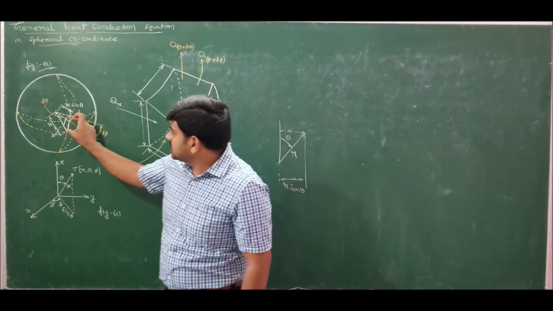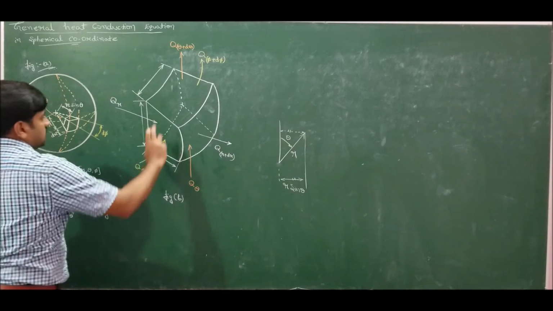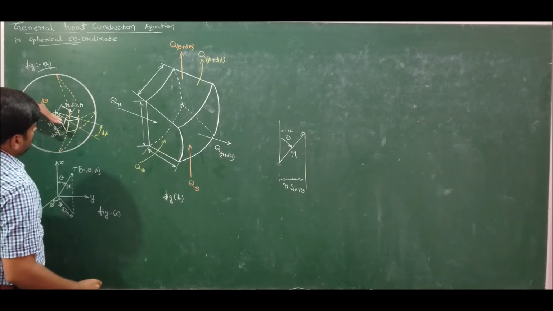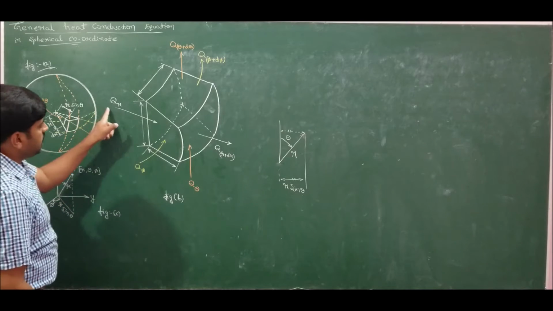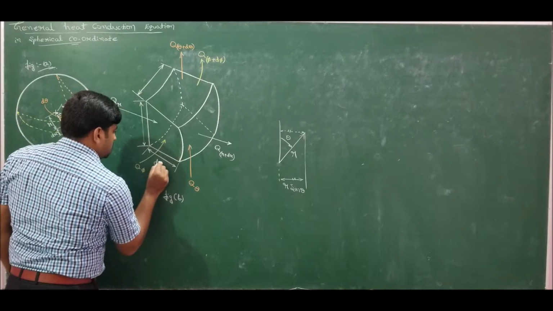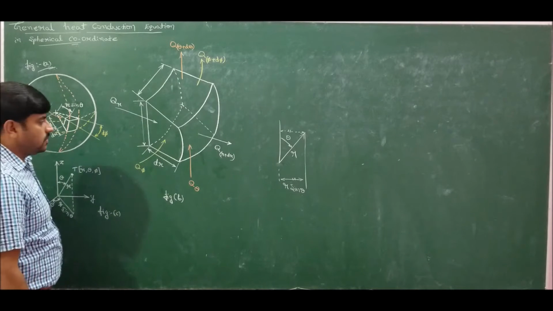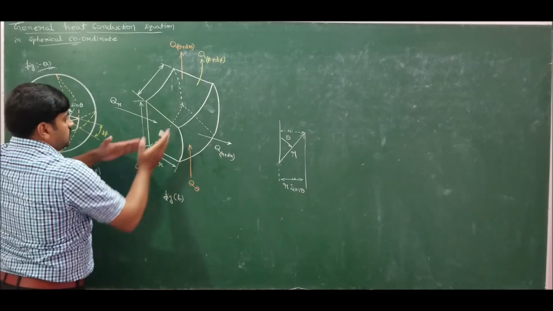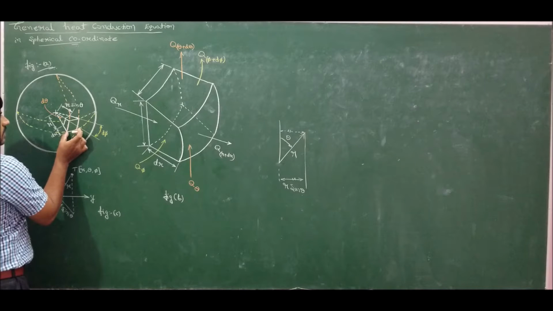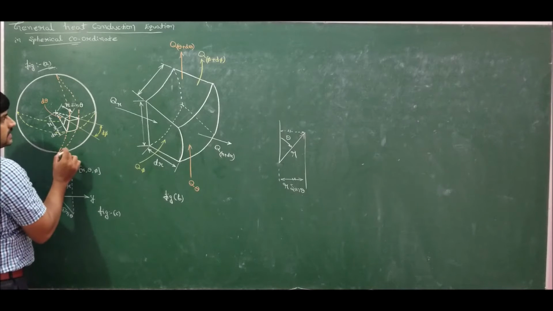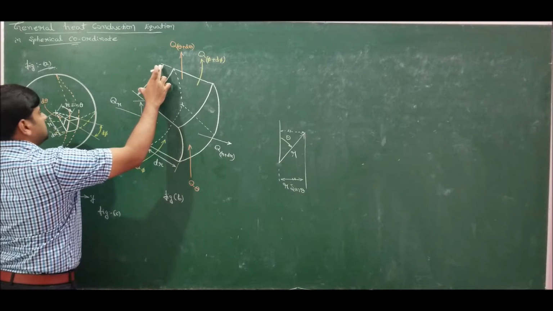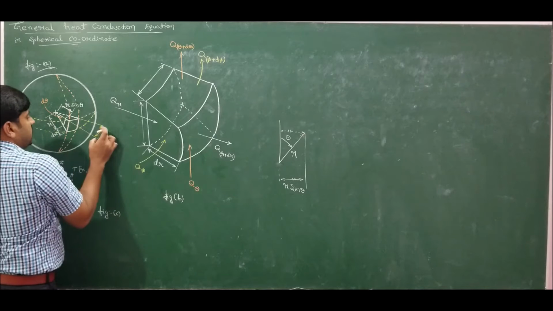Now let us consider this element separately for analysis. If you observe, this is the r direction, the radial direction moving outward of the sphere. In the r direction, we have considered the elemental length as dr. So this length is dr. Now in the phi direction, I want this length. This length is on the horizontal plane, where we have r sin theta as the radius and d phi as the angle.